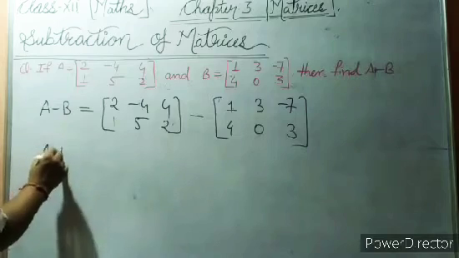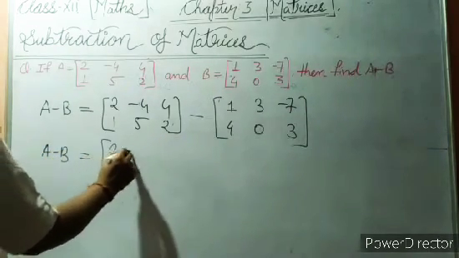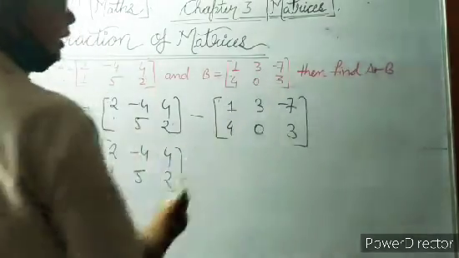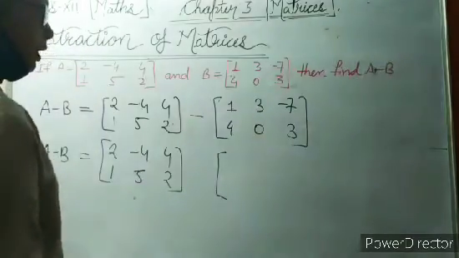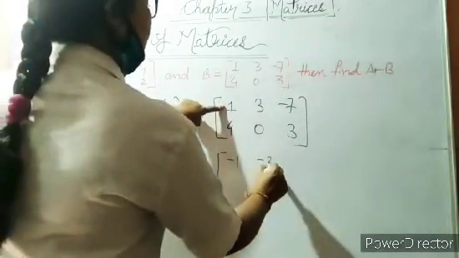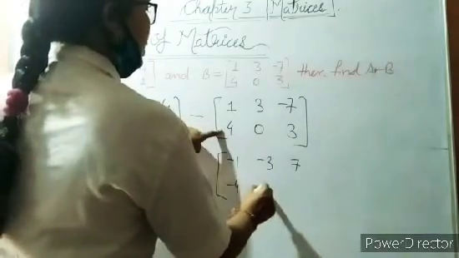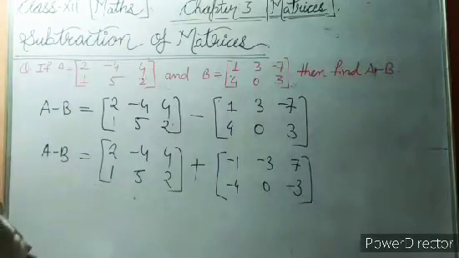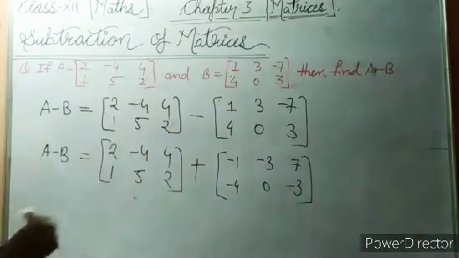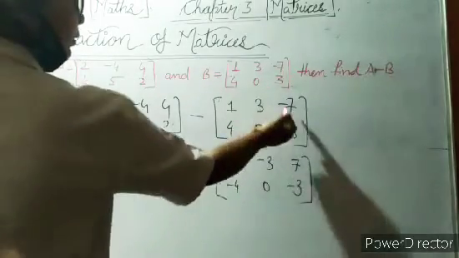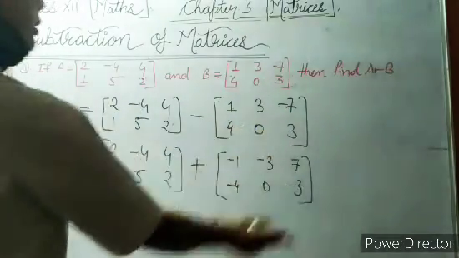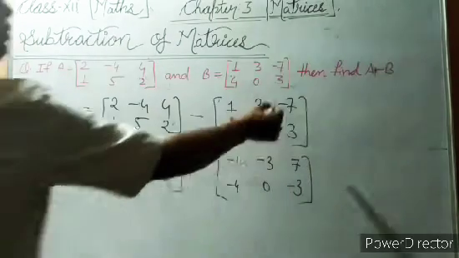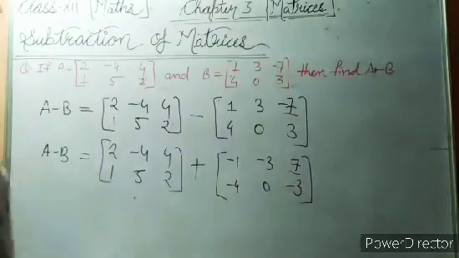You see here, if we take minus from every element, it will become -1, -3, +7, -4, 0 and -3. We convert this minus into plus, so we put minus here. That means every matrix element's sign will change. So 7 becomes positive and the rest is negative.